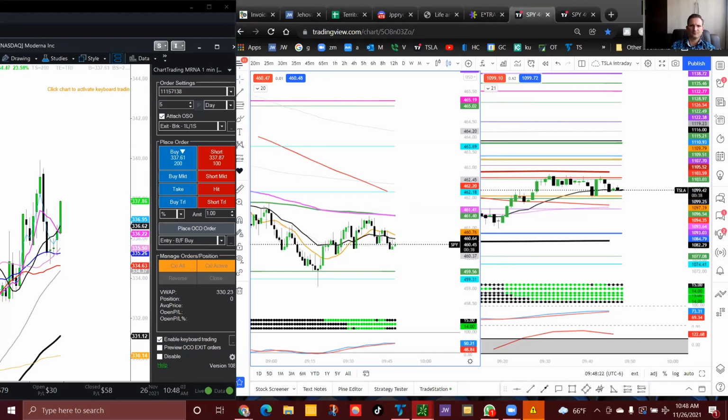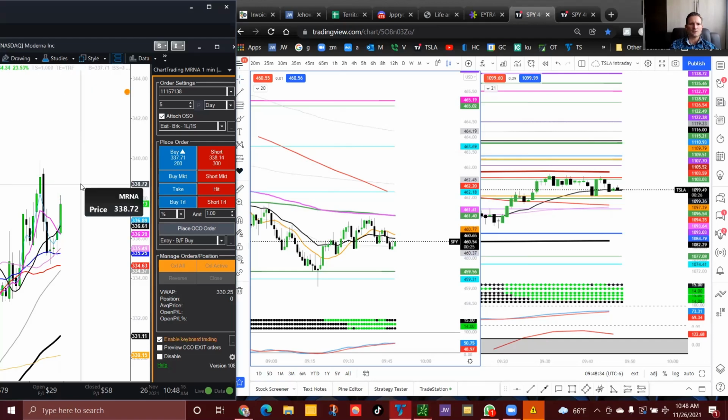All right, mRNA pushing back up to the 340 liquidity. Tell you what, it still has a ton of orders to fill there. So I'm going to start shorting it again.